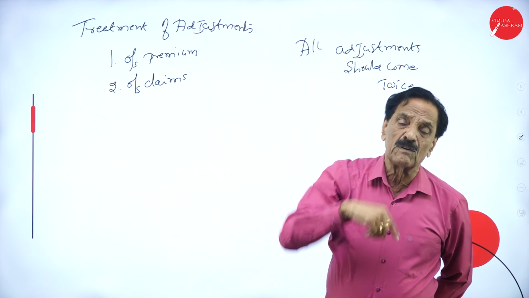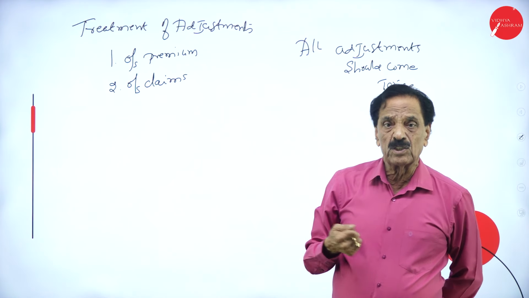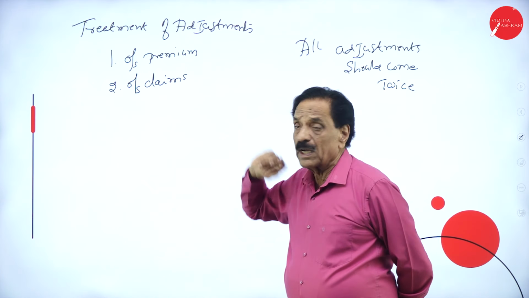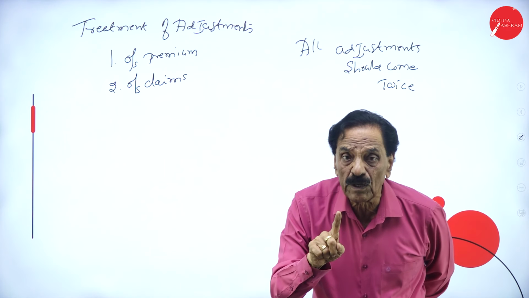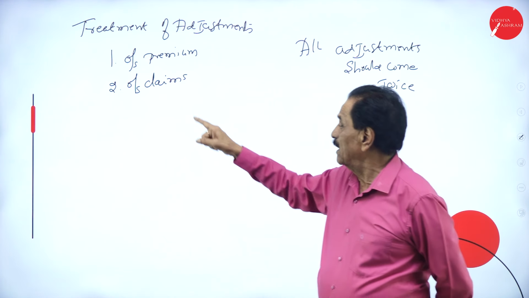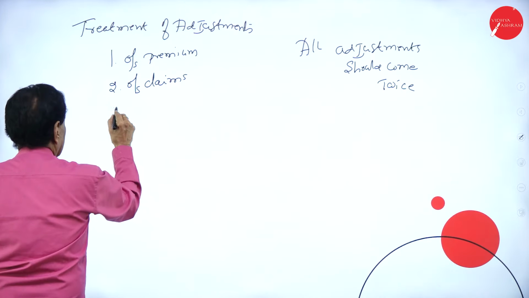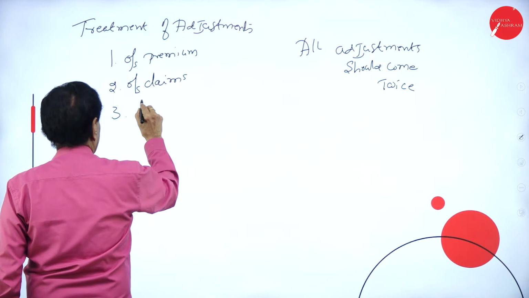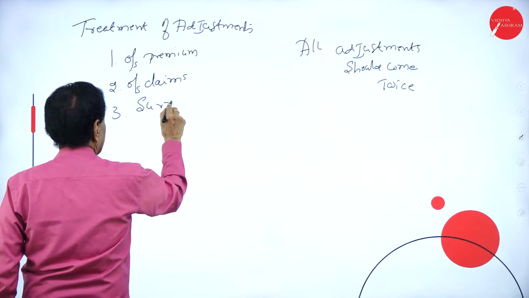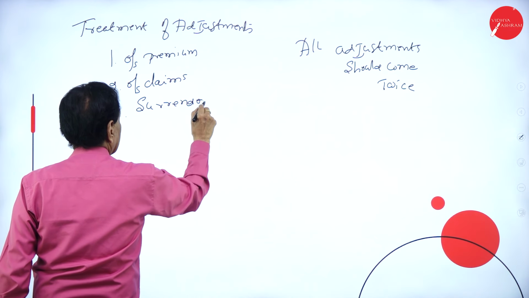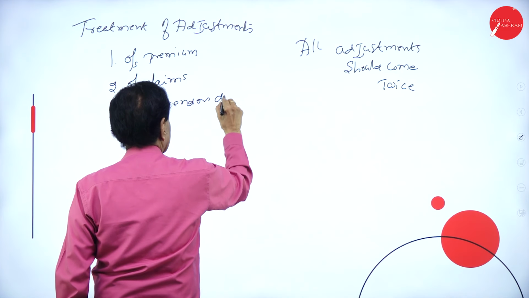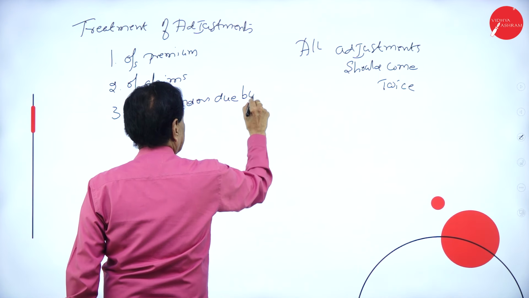Then it will come in schedule number 12, current asset. Outstanding claim should be added to claim in schedule number 4. Then it will come on the current liability, schedule number 13. Then surrenders due but not paid.